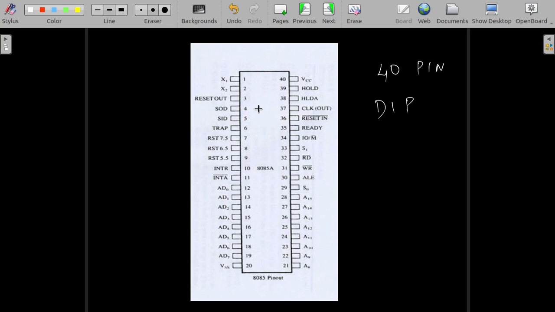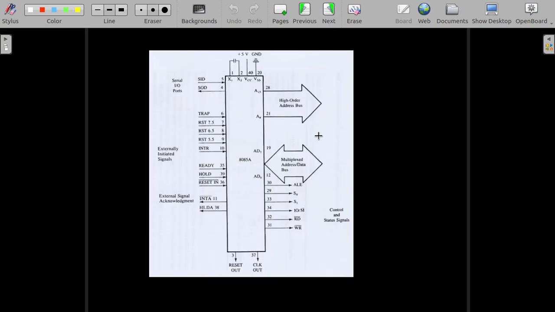All these pins have certain functions, and this is a grouping of the different pins based on their functionalities. For example, here we have the serial input output ports. Here we have our power line and ground, and also the clock.